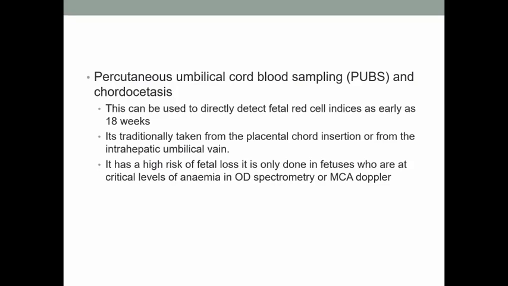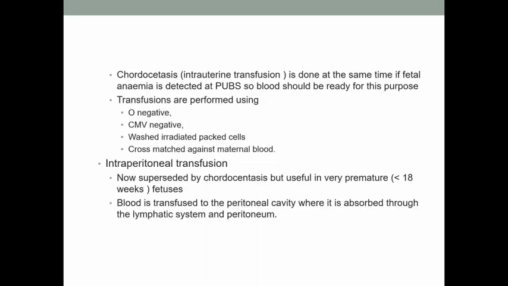And then if the baby is anemic, from real-time testing, we can transfuse blood to the baby. So we call it cordocentesis or intrauterine transfusion. So we put a needle, we go to the umbilical artery, and we take some blood, we check the hemoglobin level.